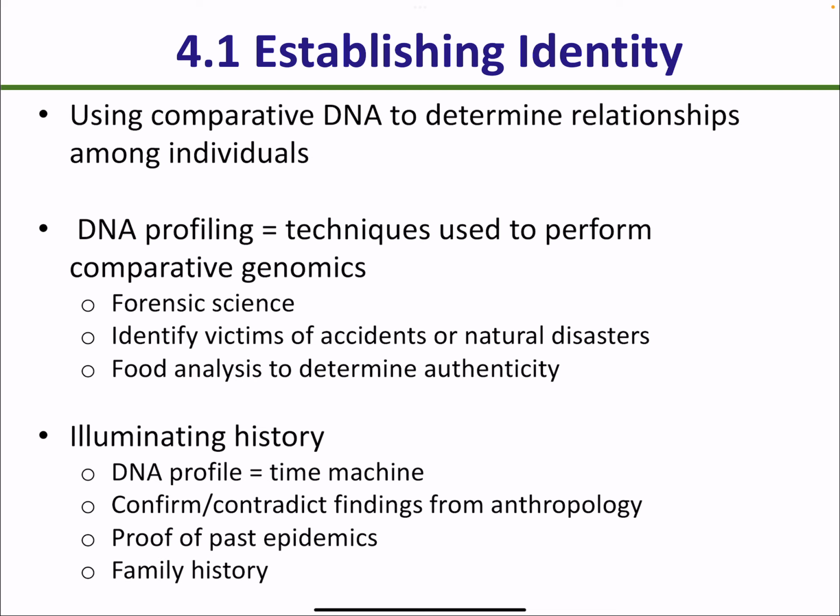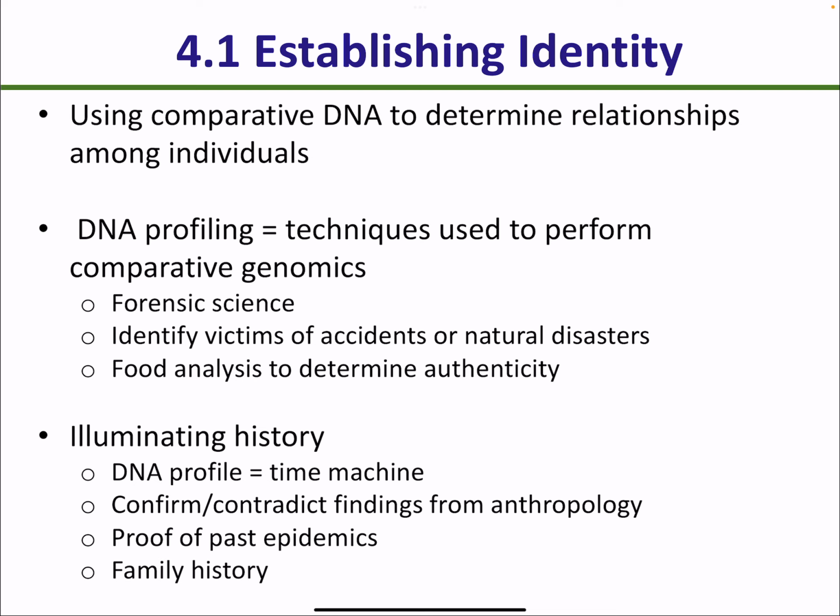A lot of people were found here and there without knowing exactly who they are, where they come from. So using DNA profiling, we can actually find out where the people come from, at least looking at the genetic background.